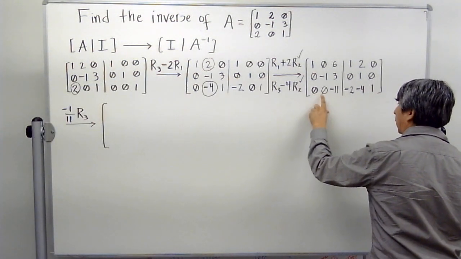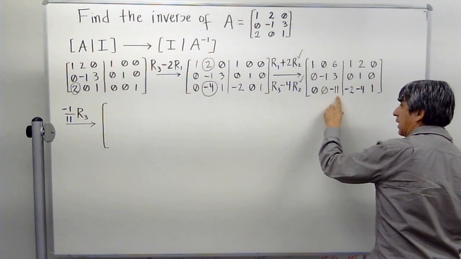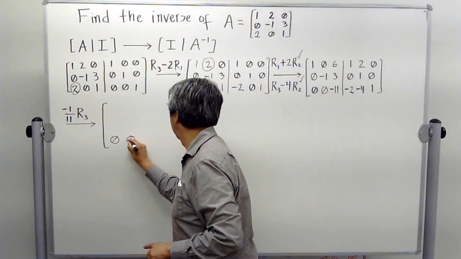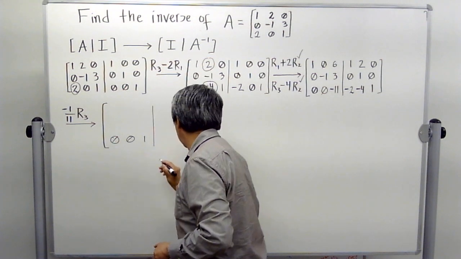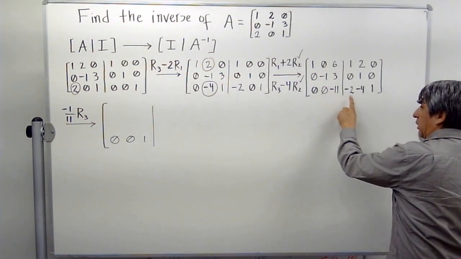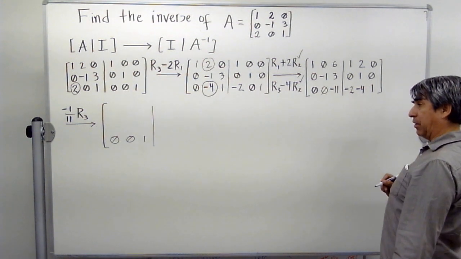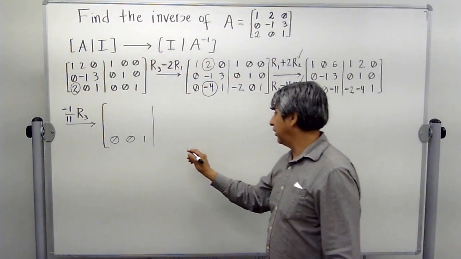So you get 0, 0, 1. Negative 2 times negative 1 over 11 becomes 2 over 11.